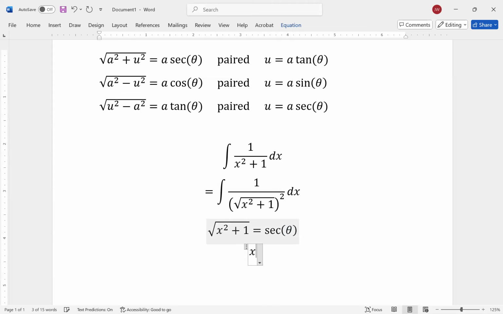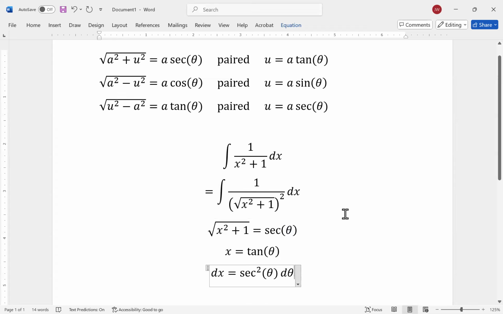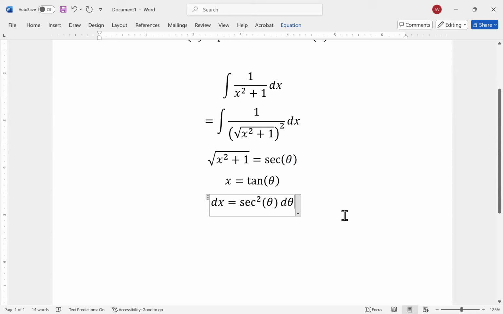And then x is going to be 1 times tangent theta, which I'm just going to call tangent of theta. The derivative of x with respect to theta, the derivative of tangent, is secant squared. So my differential exchange is that dx is equal to secant squared of theta times d theta.